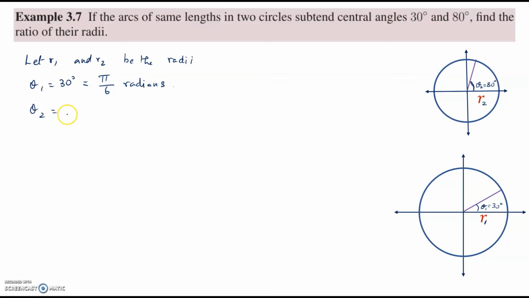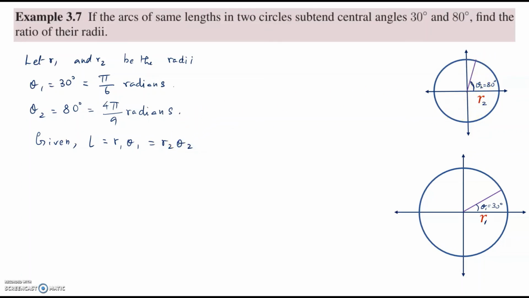Theta 2 is equal to 80 degrees, and that's equal to 4 pi by 9 radians. So it's given that the length L of the first one, which would be nothing but R1 into theta 1, is equal to R2 into theta 2, which is the length here.